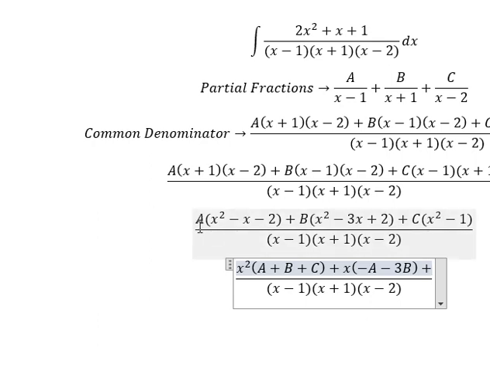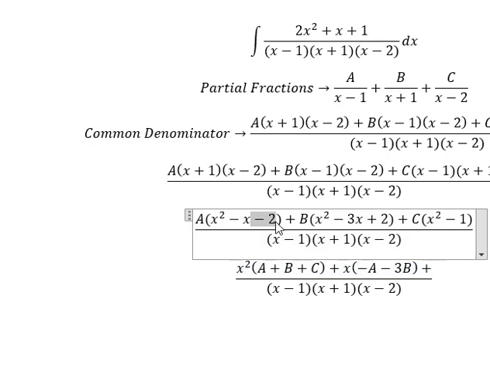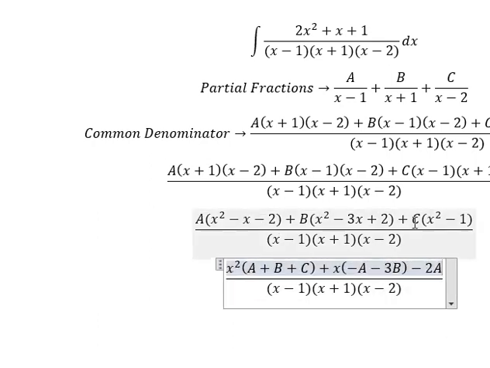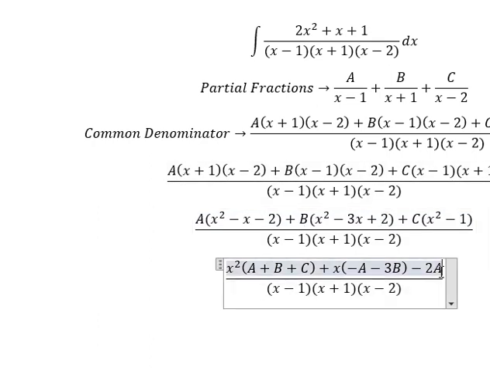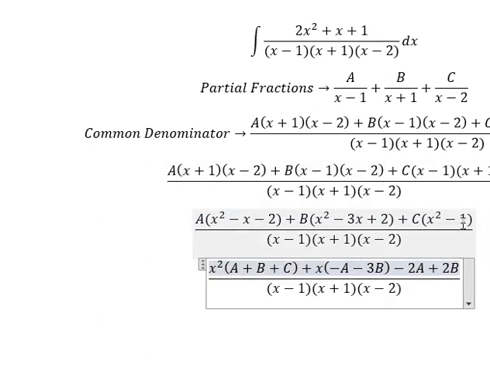And the last one, that is about the numbers, we have negative 2 with A, positive 2 with B, and negative 1 with C.